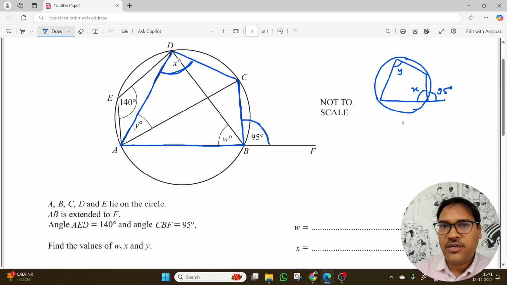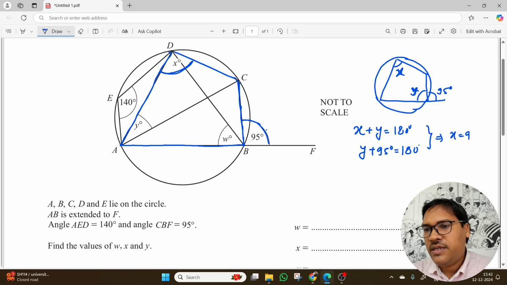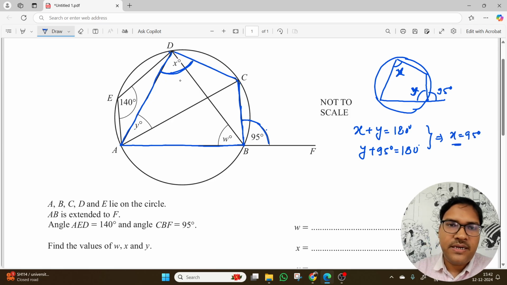I'm just explaining why this x and 95 are equal, because this is a cyclic quadrilateral. x plus y is equal to 180 degrees, and similarly these are angles on the same line, so y plus 95 is also 180 degrees. So from this you can clearly see that if I equate them, x will be equal to 95. This is a simple understanding of why this angle is 95.